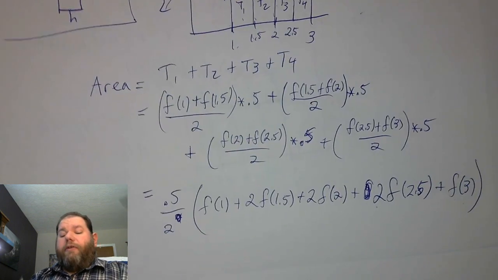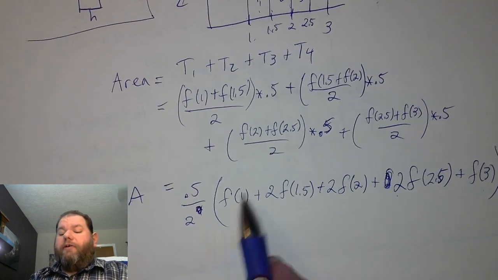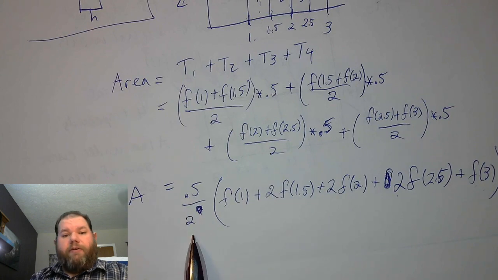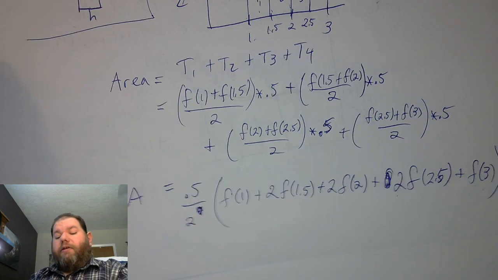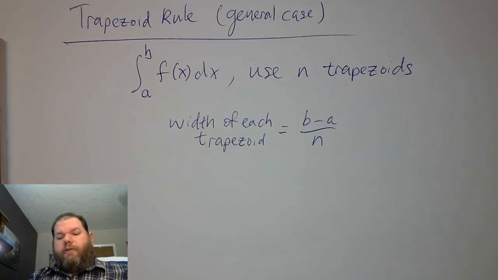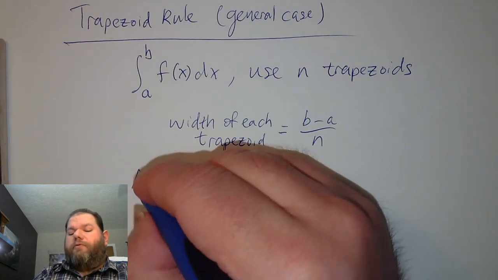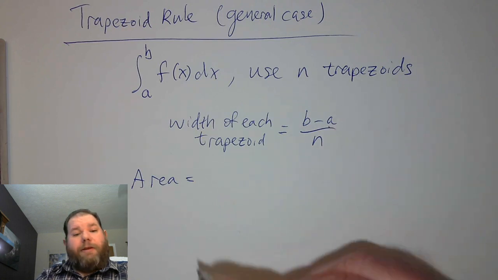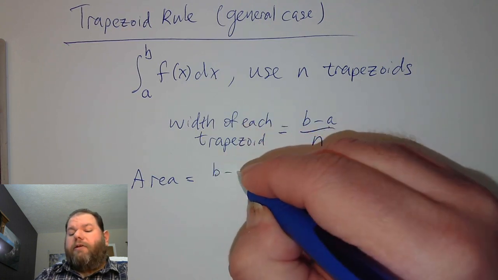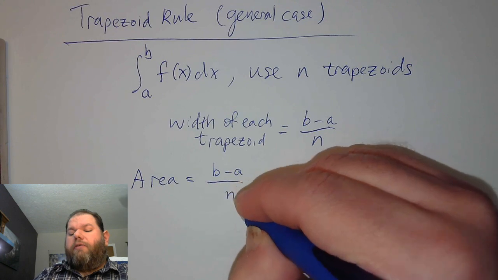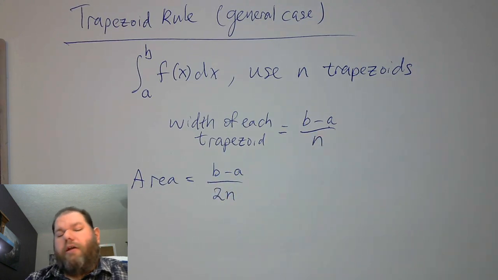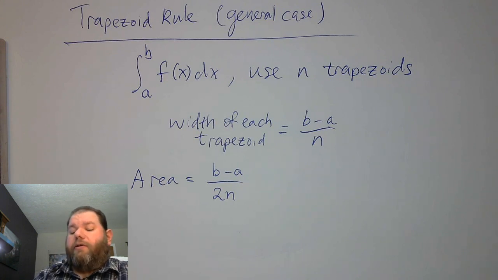And the other thing is that because each of these is divided by 2, we'll also have that width divided by 2 on the outside. So for our trapezoid rule, our area is our width, b minus a divided by n, and then we'll divide this by 2, which actually puts a 2 on the denominator, so we could think of it as b minus a over 2 times n.